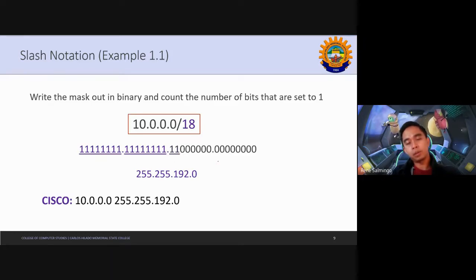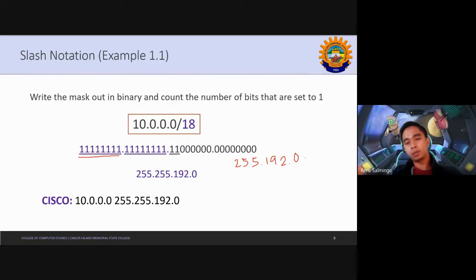Your host ID will be 255, and you have dot 192, that's 0. Because this is class A, we only consider the first octet as your network ID, and the other part would be your host ID.